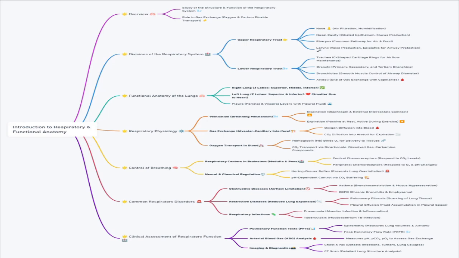But the capillary layer, you have the capillary basement membrane also in direct contact with the interstitial space, and the capillary endothelium too. You have your red blood cells, oxygen moving in and out.